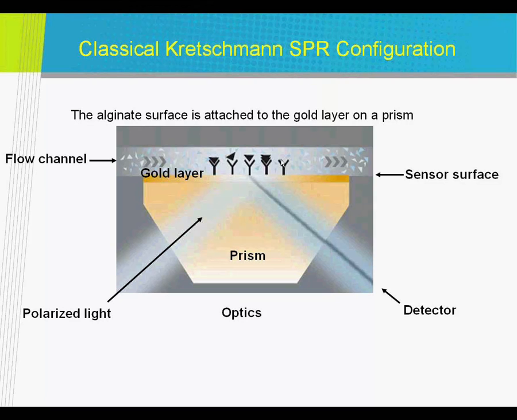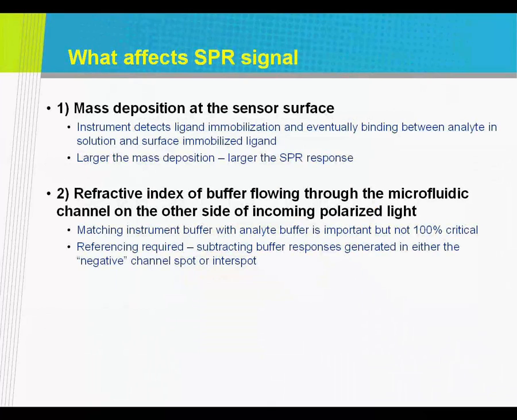There is a requirement for referencing, and the way referencing is done is that you've got another spot on your chip where you just pass your buffer and you don't have a ligand immobilized, and as a result, you can monitor the buffer response, and then subtract the buffer response away from your binding response.